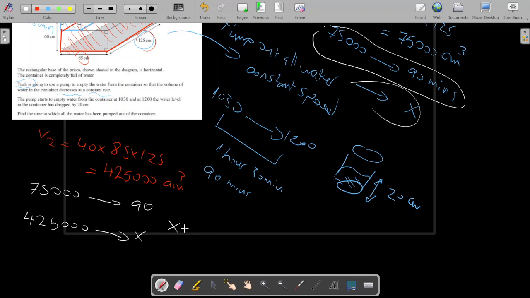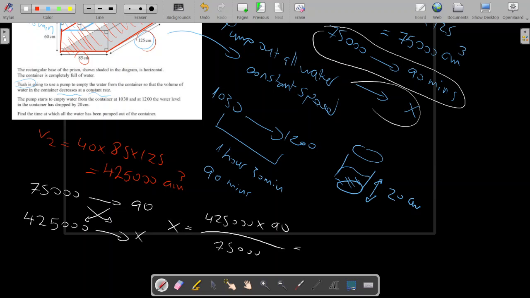So X is going to be the time required to empty the rest of the container. After you do cross multiplication, X is going to be equal to 425,000 multiplied by 90 over 75,000.